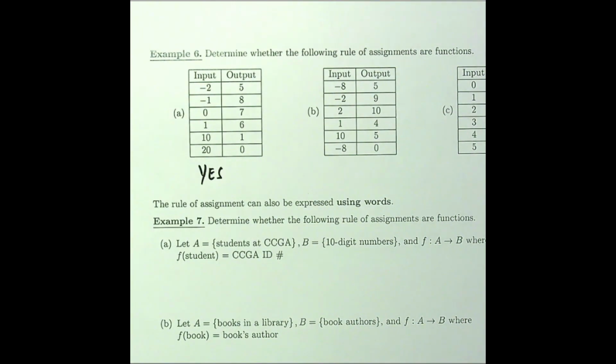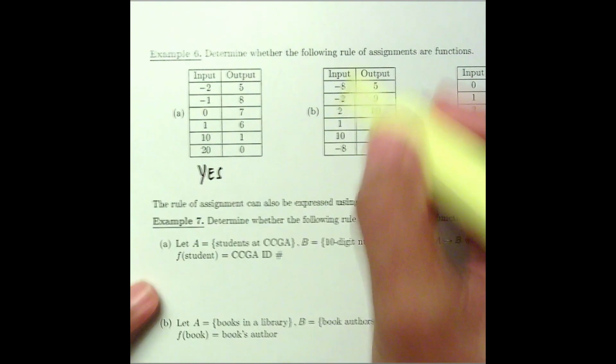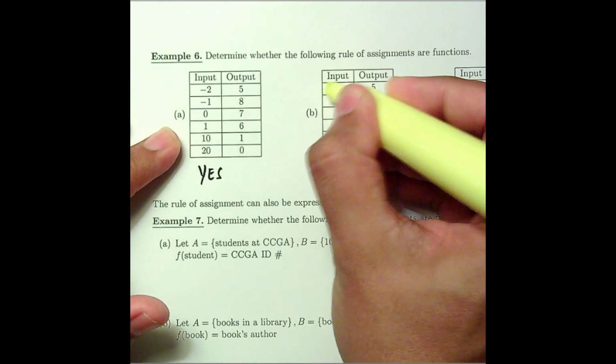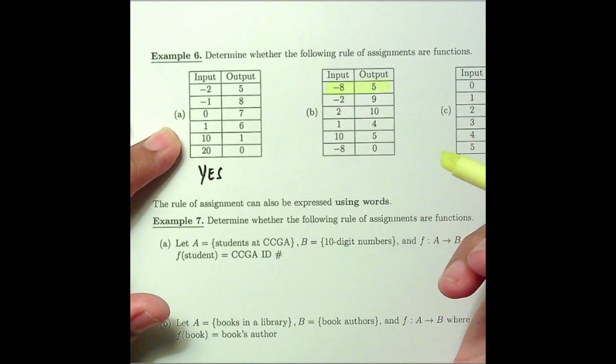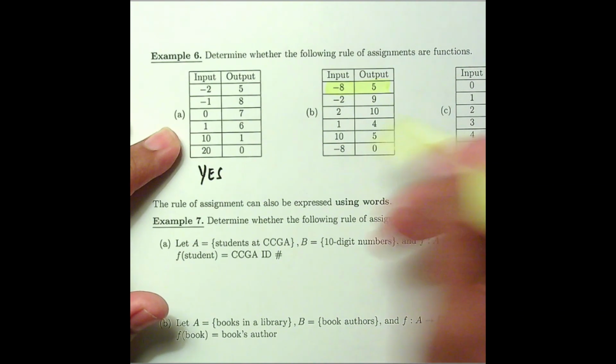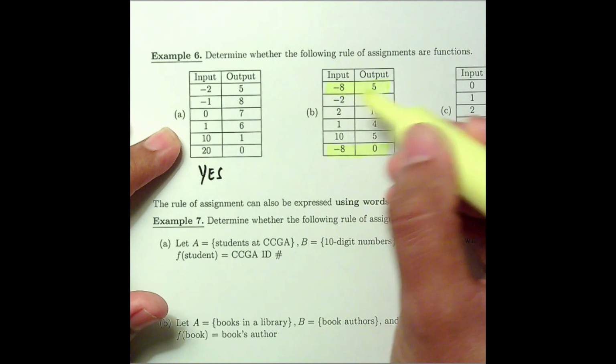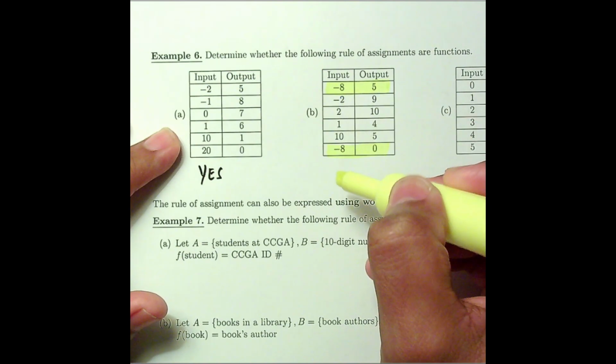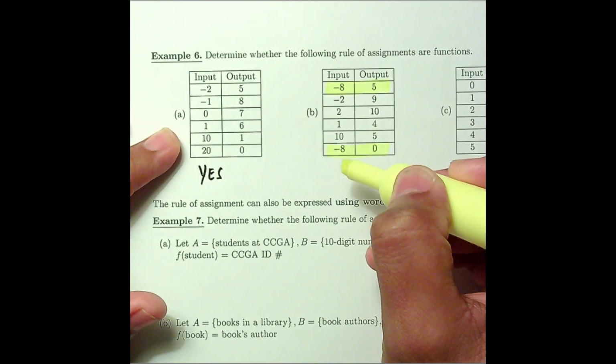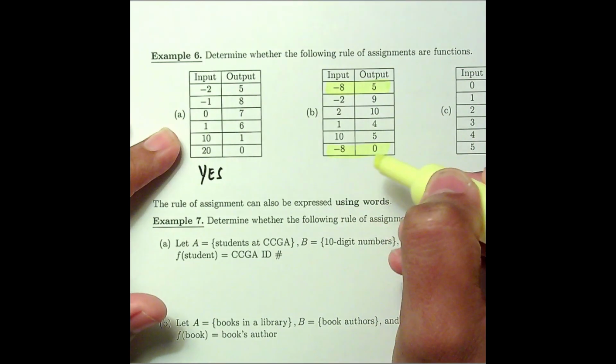This one is actually not a function. Can you tell why? The element -8, you see that has two associated outputs. -8 is associated to 5, and then down below they tell me -8 is associated to 0 as well.